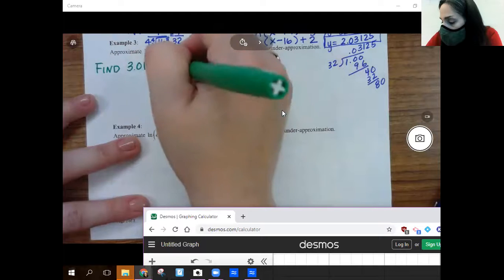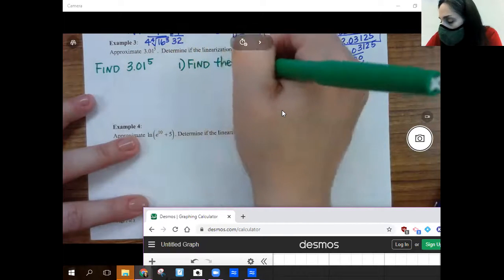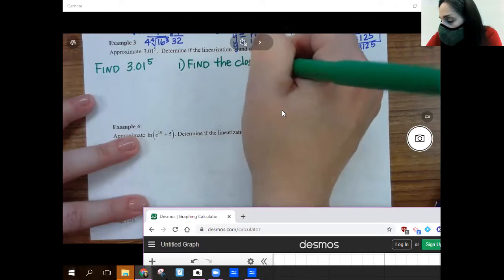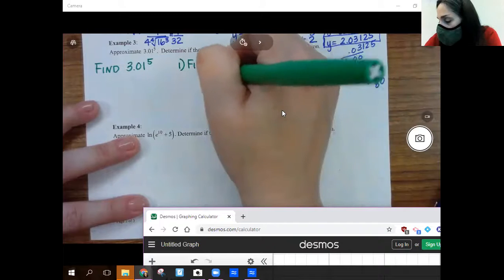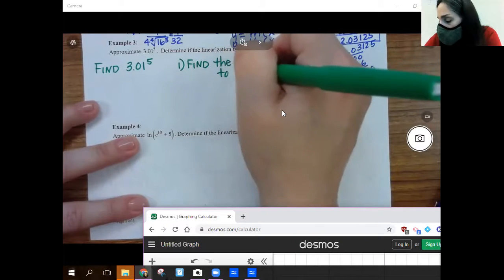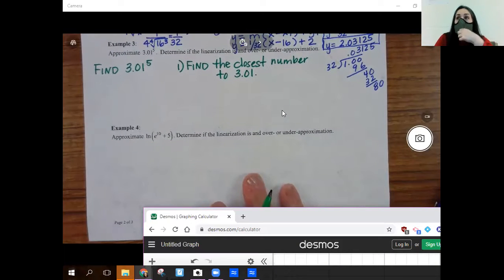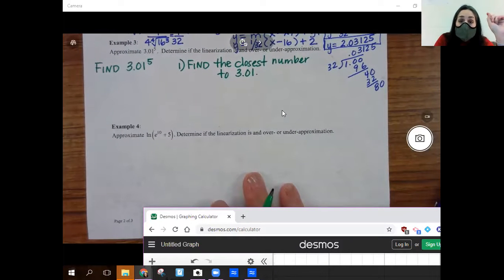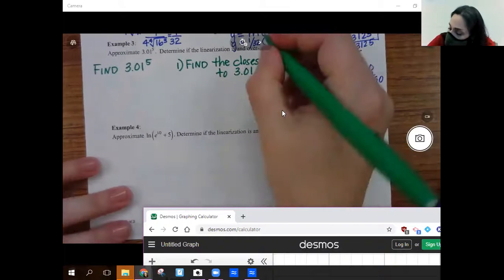The first step to this one is to find the closest number to 3.01. Well, the closest thing that we know to raise to the 5th power is just going to be 3, right? We can figure out 3 to the 5th power.